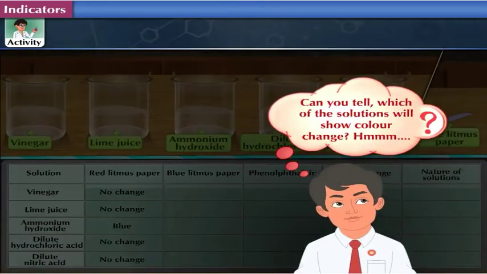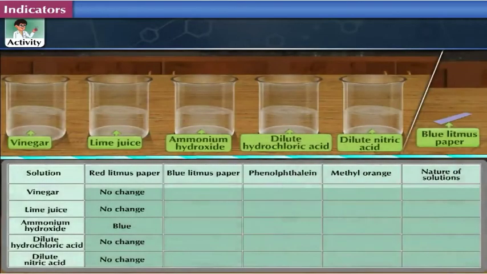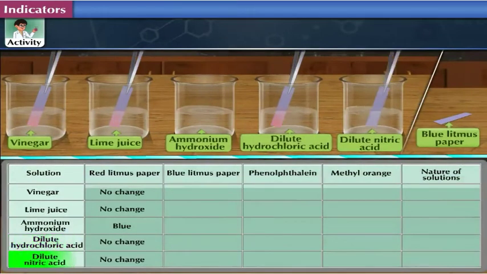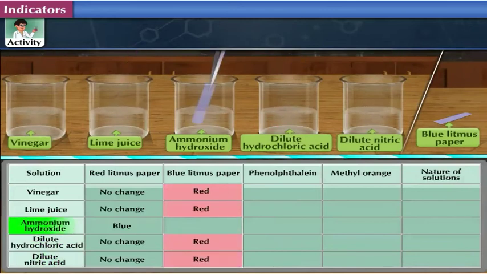Can you tell which of the solutions will show color change? Vinegar, lime juice, dilute hydrochloric acid, and dilute nitric acid change the color of blue litmus paper to red. But ammonium hydroxide solution does not show any color change on the blue litmus paper.